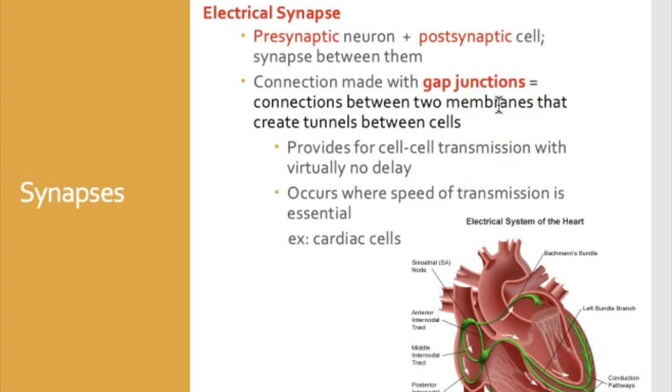So you literally get tunnels created that allow that electrical signal to travel down the neuron and very quickly and very efficiently go into the next postsynaptic cell membrane. We said electrical synapses allow for cell-to-cell transmission with virtually no delay. And that is going to happen where speed is essential. The best example of that is in cardiac cells or cardiomyocytes.